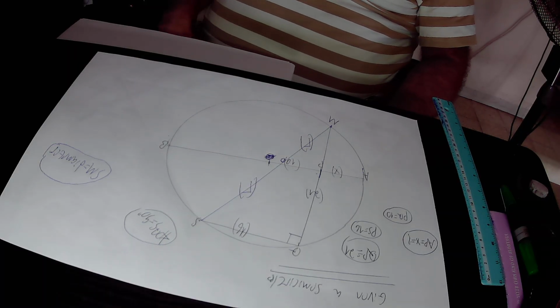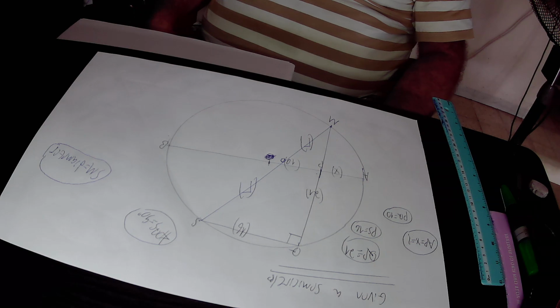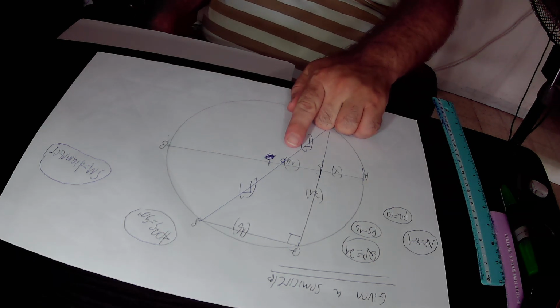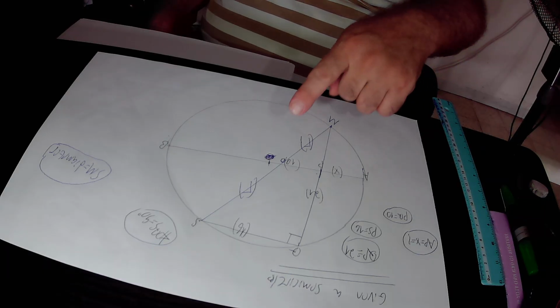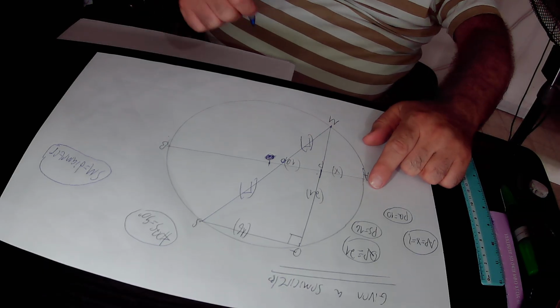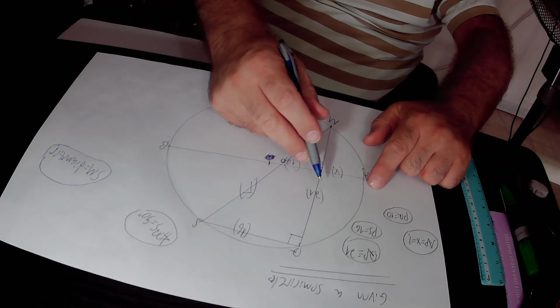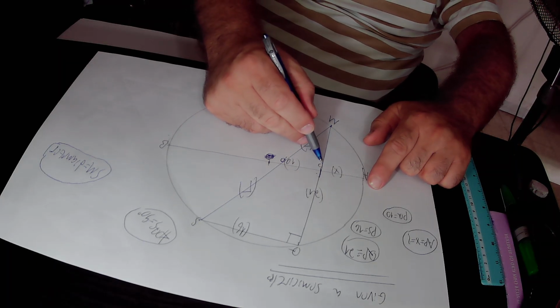In the next step, we will do another construction, that is to say, from this point O, that is the center of this circle, we will draw a perpendicular on QP. Again, from point O, the center of this circle, we will draw a perpendicular on line segment QP.